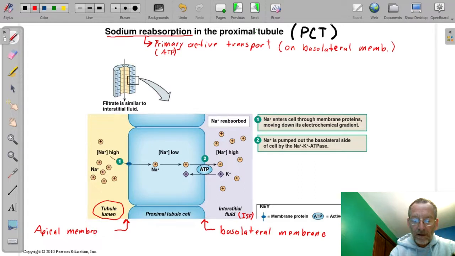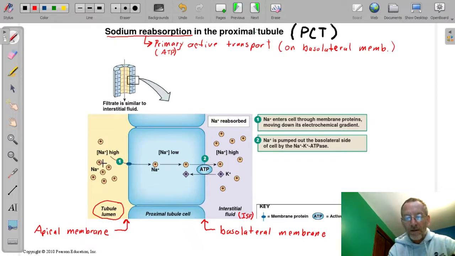So it's good to note where these transport processes are occurring: on the apical side, on the luminal side, or on the basolateral side to the interstitial fluid. And that's about it for this figure.